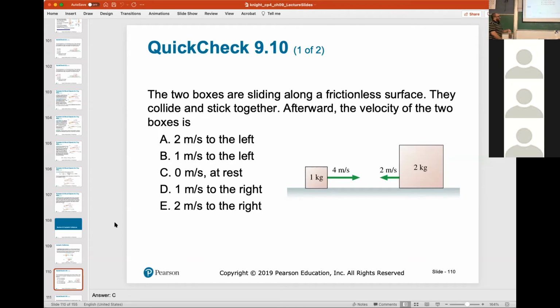So one block has a velocity of 4 meters per second to the left, and it weighs 1 kilogram. The other one is 2 kilograms going the other way. Then they collide. So what is their final velocity going to be? Which direction will they be moving?